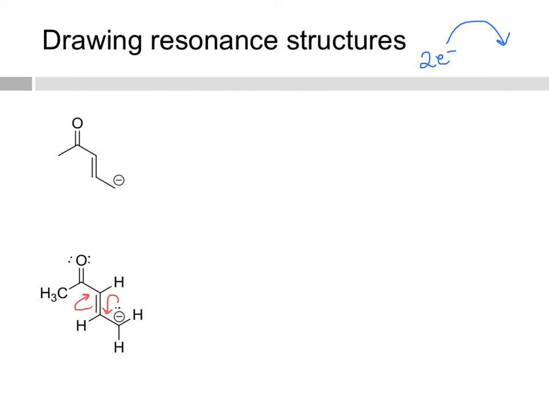So if we were to draw the resonance form, first draw the resonance arrow. Nothing has changed in this part of the molecule, so let's just draw that as is, and put in the lone pairs for the oxygen. This is your methyl group, remains untouched. And this is where we've got changes occurring.